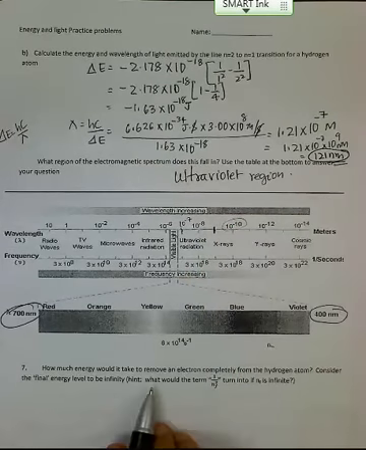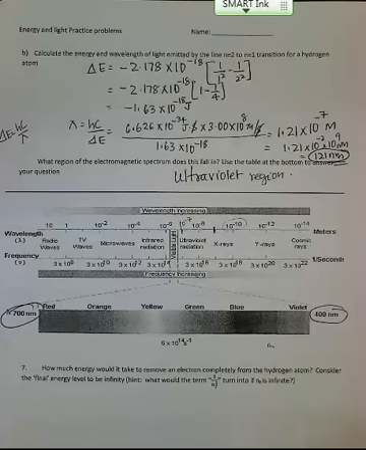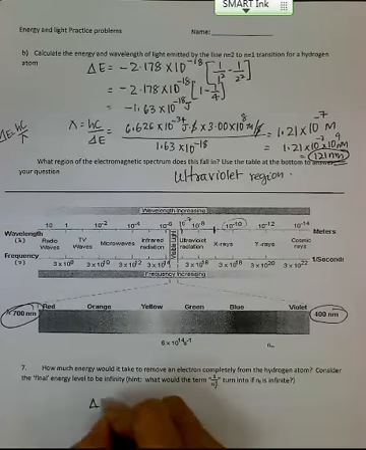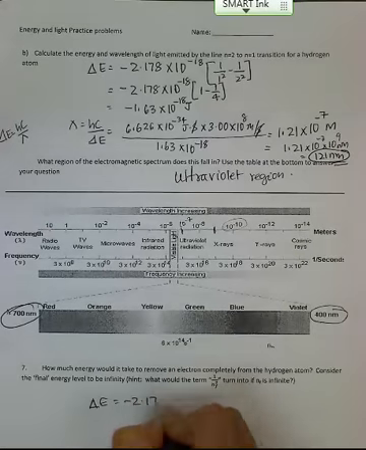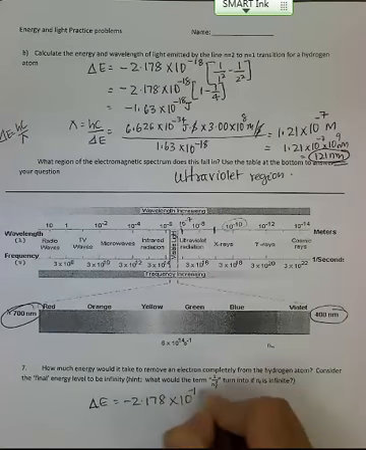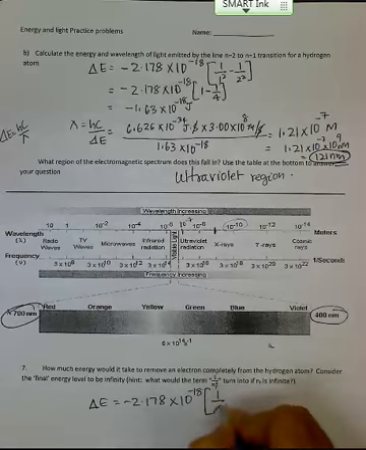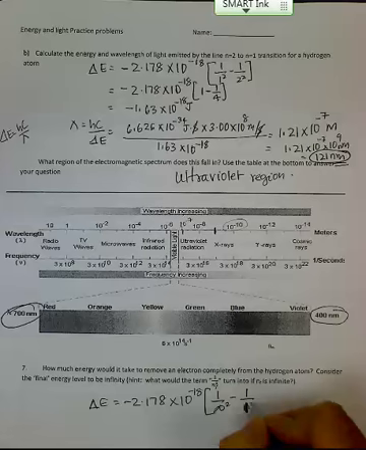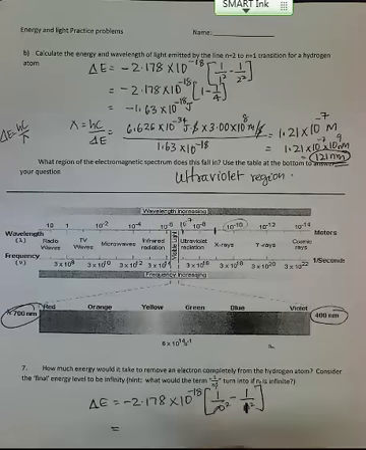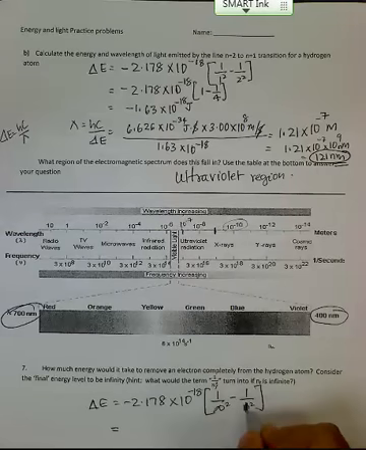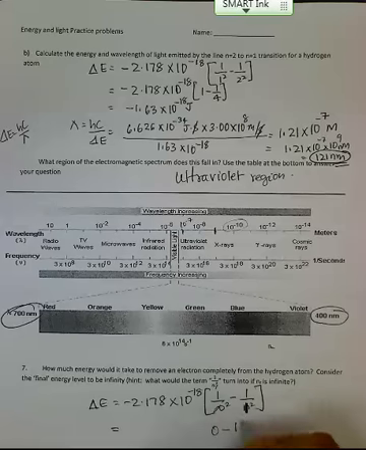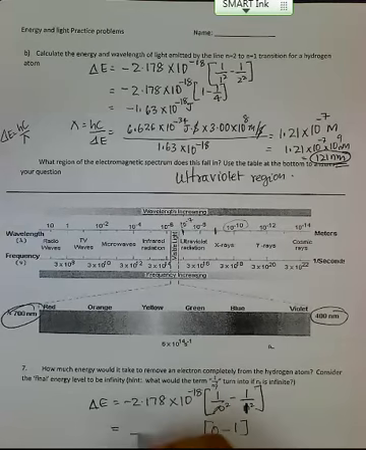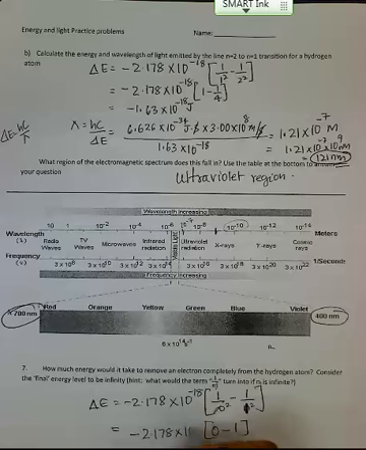How much energy would it take to remove an electron completely from a hydrogen atom? So again, the equation is delta E equals negative 2.178 times 10 to the negative 18. Your final energy state is infinity squared minus, let's assume the first energy level is where you're removing it from. So the maximum energy that you would require to remove the electron from the first energy level in hydrogen would be this, and 1 by infinity squared is nothing but 0 minus 1, and negative 2.178 times 10 to the negative 18.